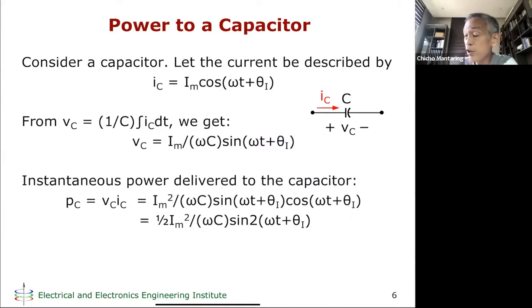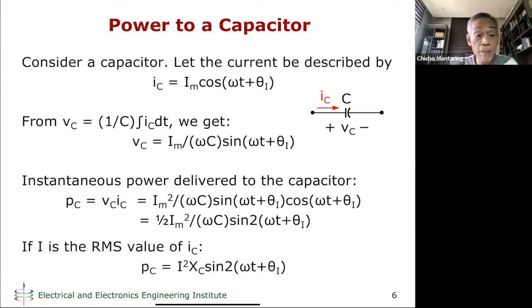Again, sine omega t plus theta I cosine omega t plus theta I is sine 2 omega t plus theta I over 2. So that simplifies to this. And finally, if we express I sub m in terms of the RMS value of I sub C, and if we also recognize that X of C is equal to 1 over omega C, X of C is the magnitude of the impedance of your capacitor.